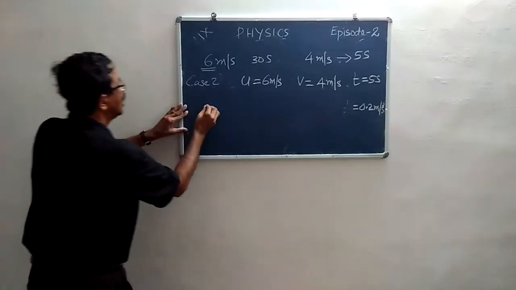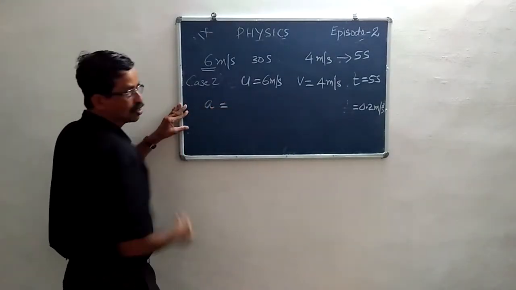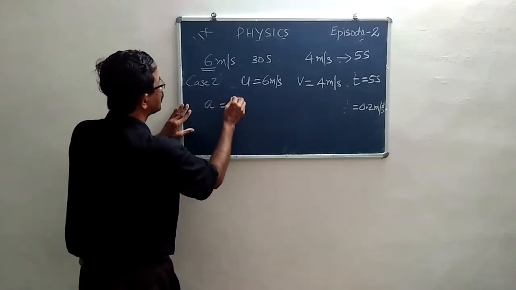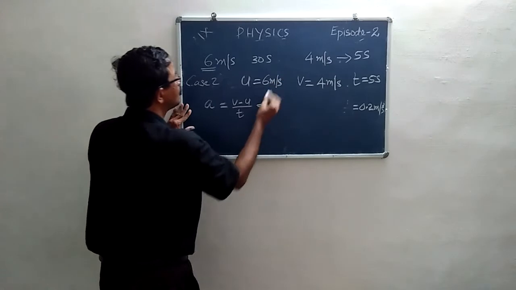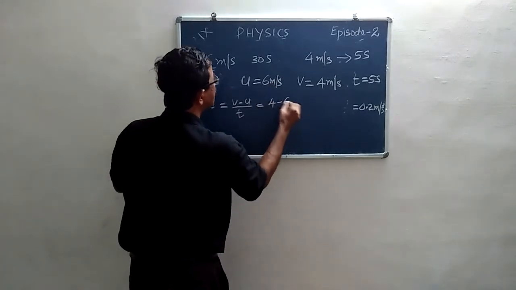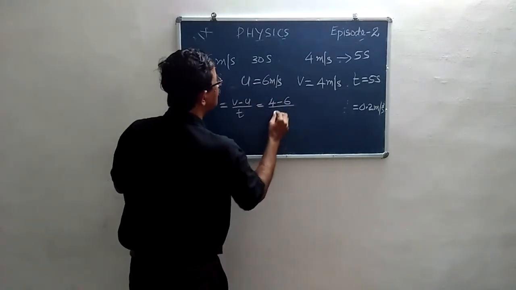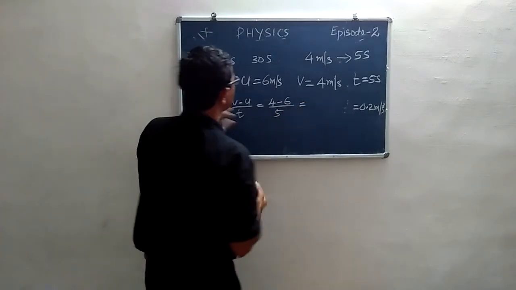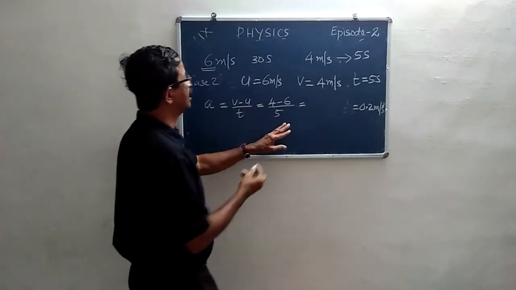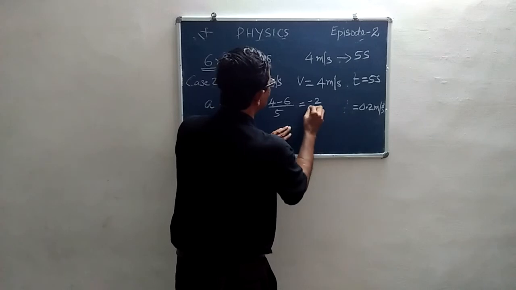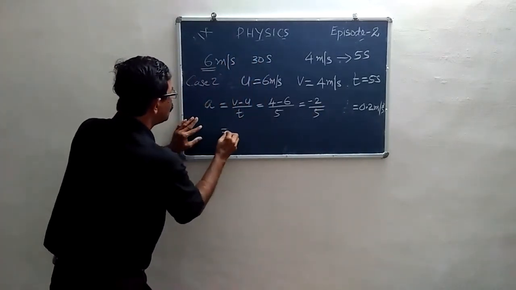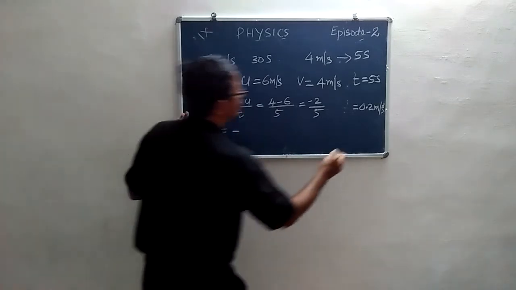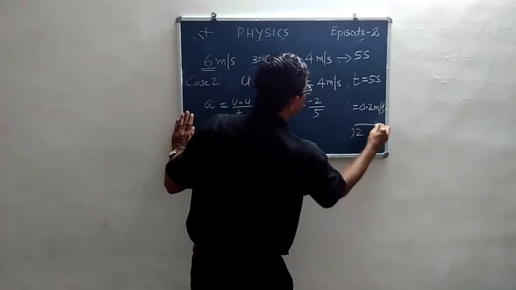We know acceleration is the change in velocity by time. The change in velocity is (v minus u) by t, that is equal to (4 minus 6) by 5. When we subtract 6 from 4, we get minus 2 by 5. That is equal to minus, dividing 2 by 5.